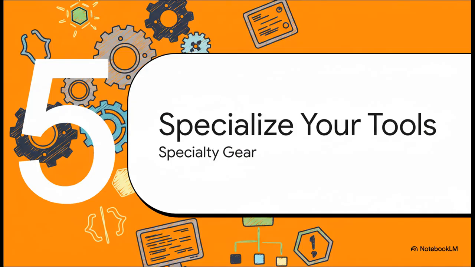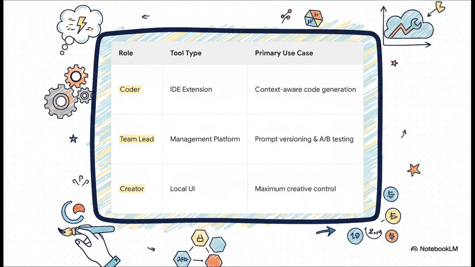Okay, so you've mastered the playground and you're automating with APIs. The final piece of the puzzle on this journey is recognizing that a true craftsman uses specialized tools, gear that's tailor-made for their specific role. So a coder, for example, isn't just going to use a generic playground. They'll use an IDE extension like GitHub Copilot that literally lives inside their code editor and understands the context of their project.